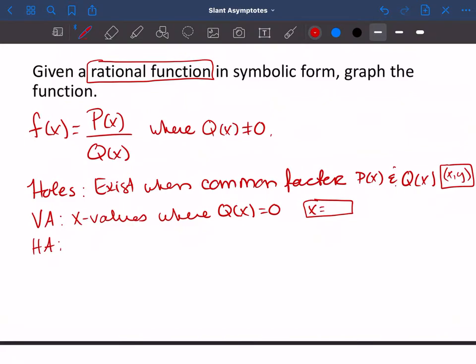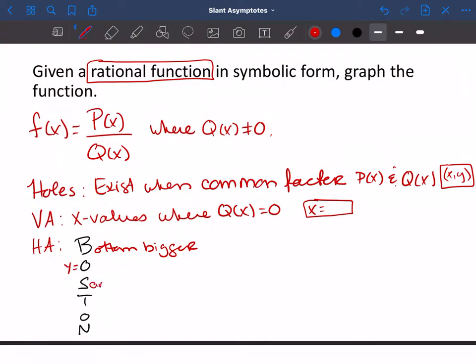So for horizontal asymptotes, we used the acronym BOSTON. And with BOSTON, we used this little mnemonic here to determine what type of horizontal asymptote exists. So what we did was we compared the degree of our p of x and the degree of our q of x. And we said if the bottom degree was bigger, we had a horizontal asymptote of y equals 0.